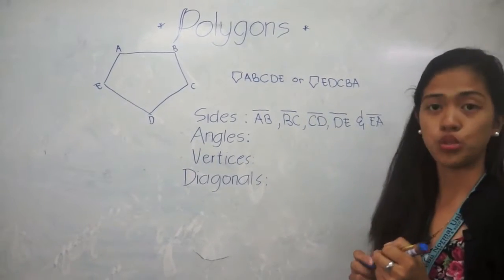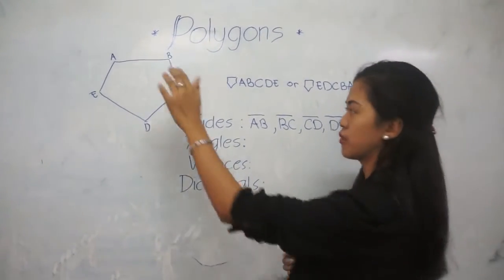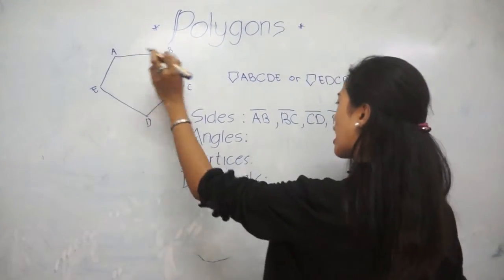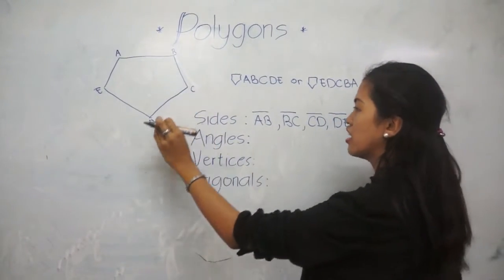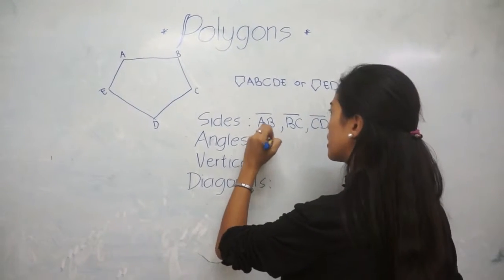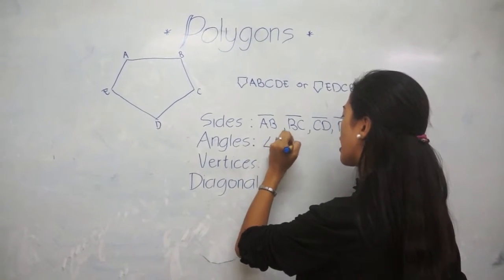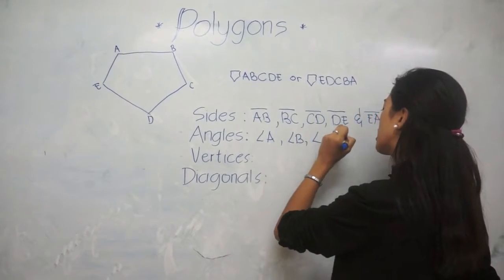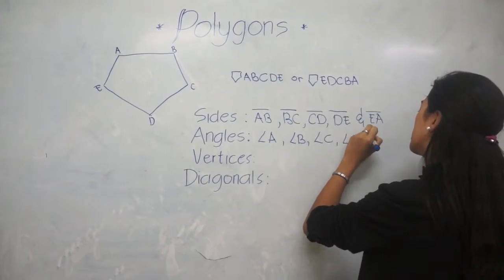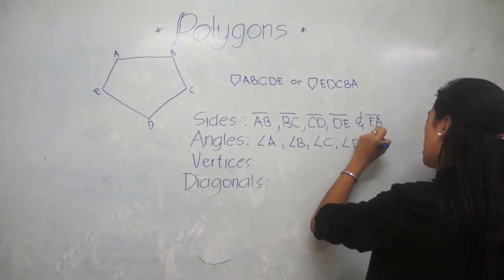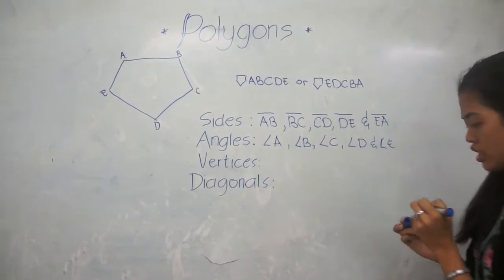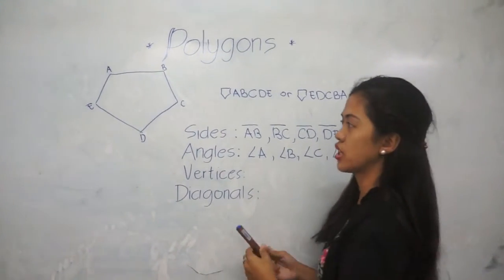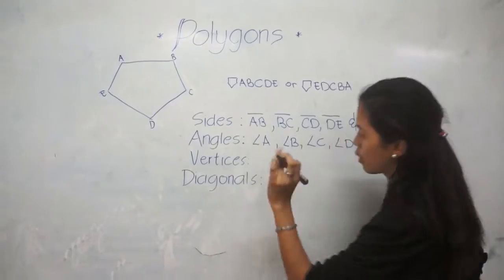And the next one is we're going to find the angles of this polygon. The angles of this polygon are angle A, angle B, angle C, angle D, and angle E. So the third one is we're going to find the vertices of this example of a polygon.